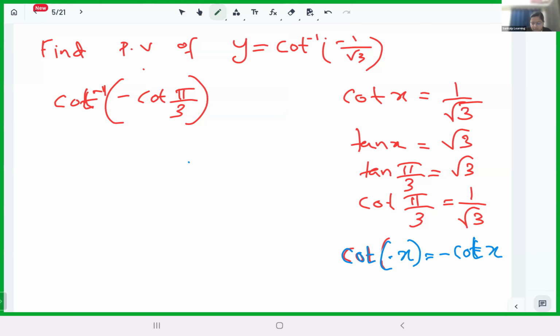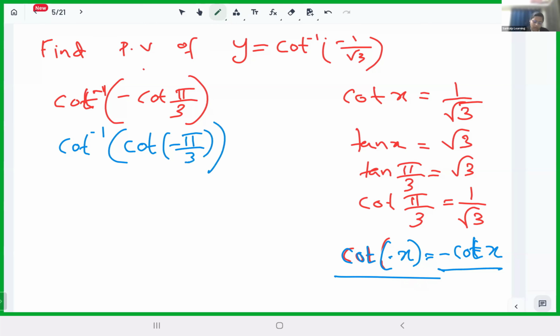If you are given minus cot x, you can write it as cot of minus x, that is, you can take the minus inside. So this will become cot of minus pi by 3.